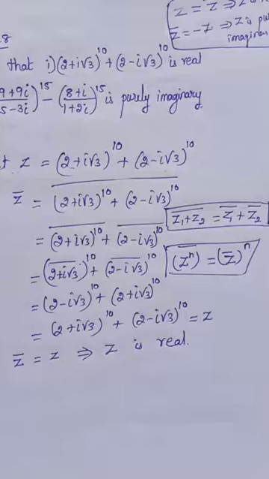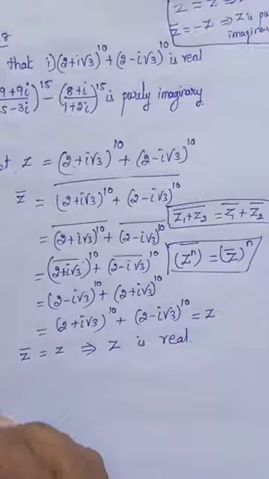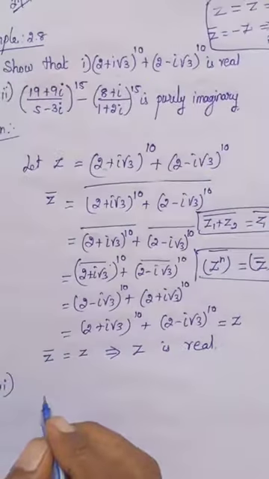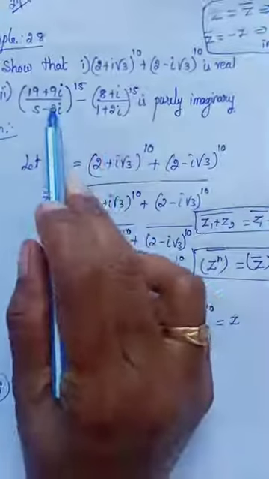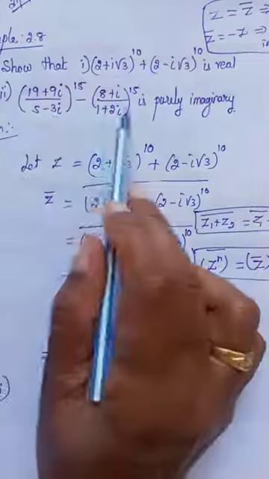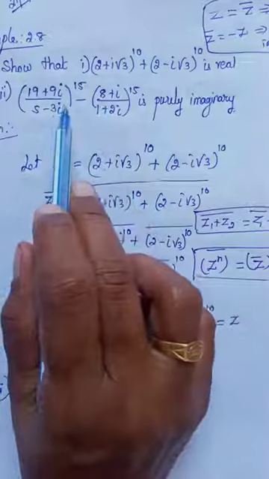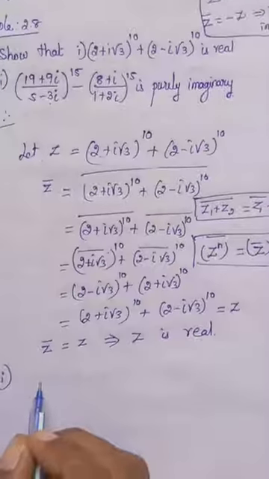In the second subdivision, we are supposed to prove that Z bar is equal to minus Z. But here it is given as a fraction, with complex numbers in both numerator and denominator, so first we will simplify it.